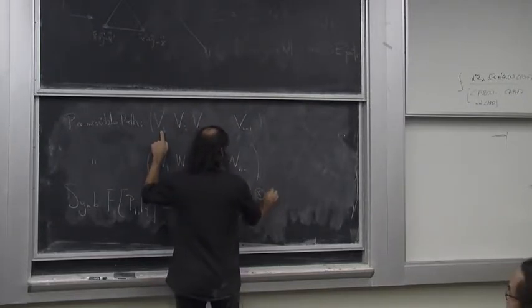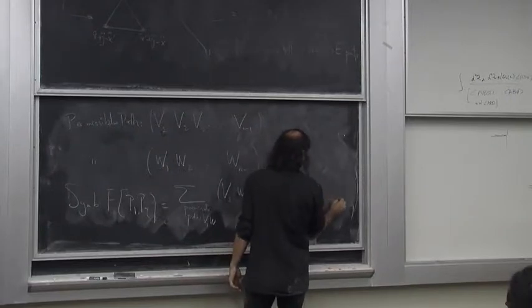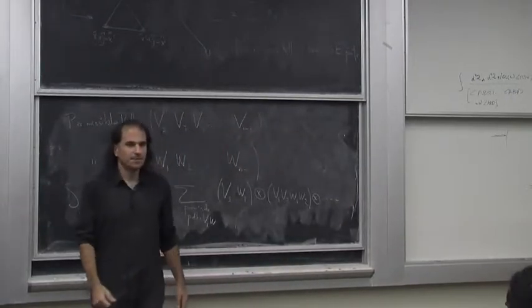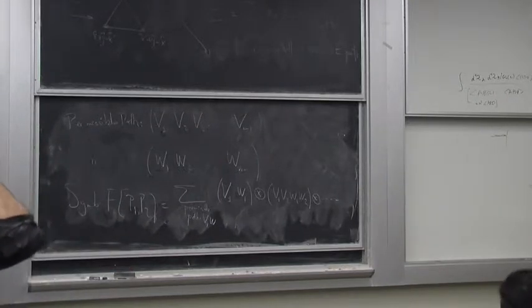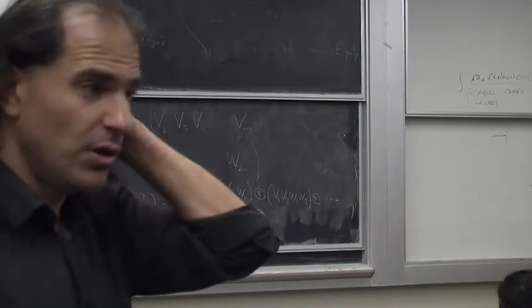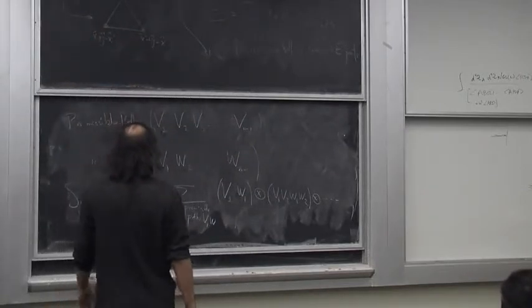The next term is V1, V2, W1, W2. The next term is, and so on, up to the end. Okay? So that's a beautiful formula for the symbol of the generalized symbol of the generalized Aomoto polytopes.